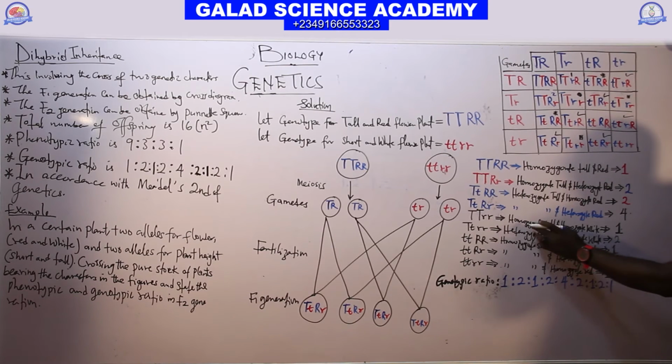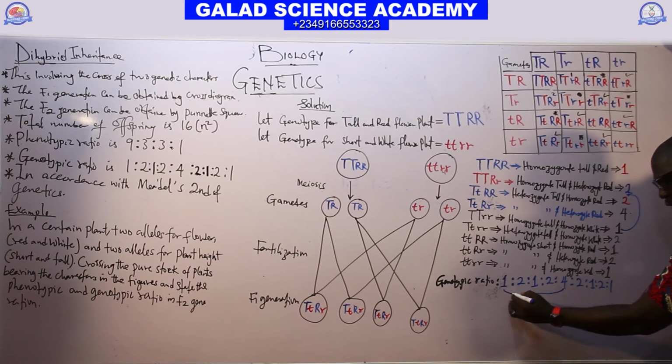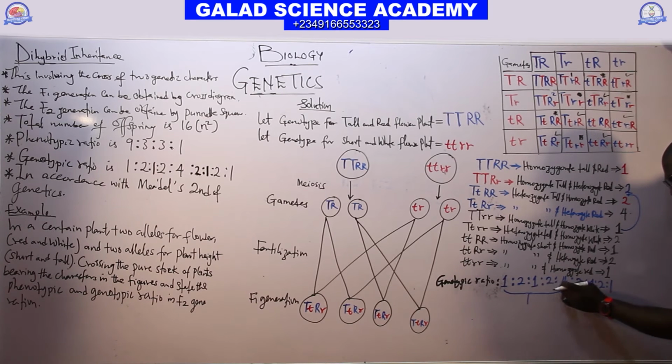My homozygote tall and homozygote white is supposed to be on this side. So you now have it in this form. If you look at it now, 4 plus 2 plus 1 is 7, plus this 4, 6, 7, 8, 9. There's a lot of mistake here.